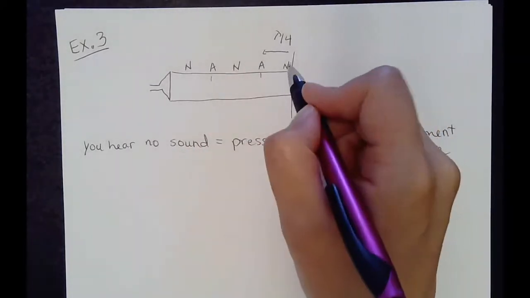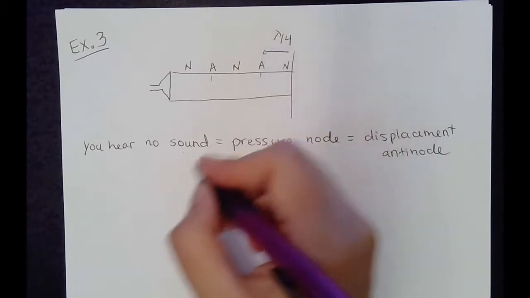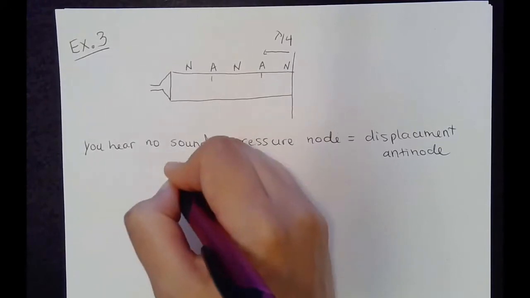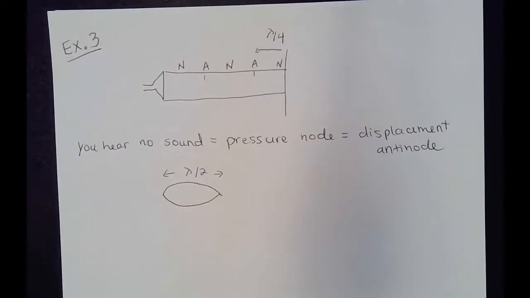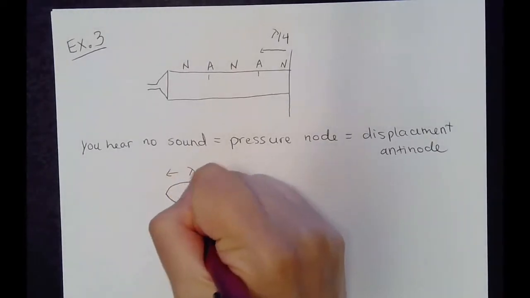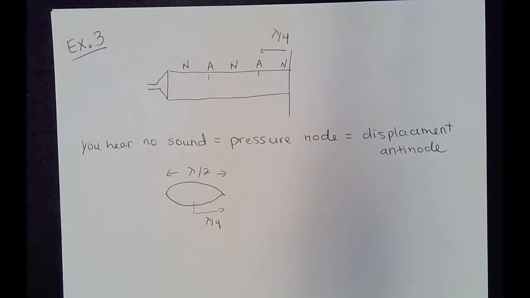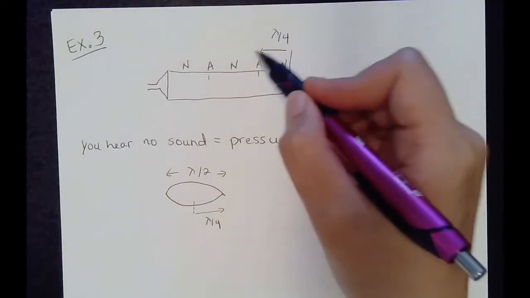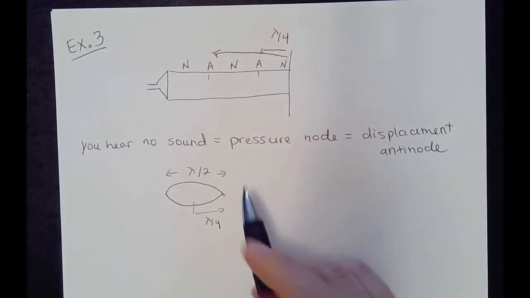So the distance to the first one is lambda over 4. This is because for any standing wave, the distance between two nodes is half a wavelength. So the distance from a node to an antinode is 1/4 wavelength. So we have 1/4, and then the next one will be all the way to this antinode, which is 3/4.